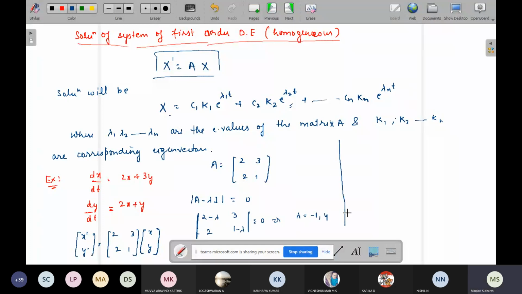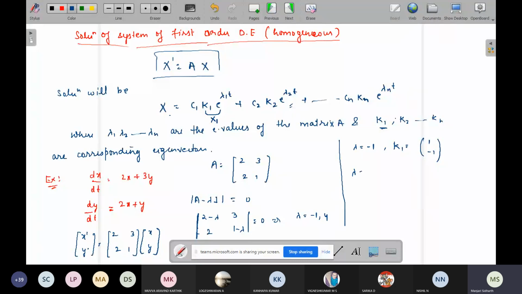So for lambda equals minus 1 we find an eigenvector. Eigenvectors we denote by k1, k2, up to kn, and the solution is c1 x1 plus c2 x2. For lambda 1, k1, you know how to find eigenvectors, so I'm not going to solve it here, you need to find it.